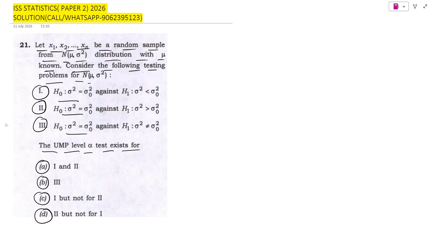Now, before thinking about the UMP test, let us first identify the model. We are sampling from N(mu, sigma square), where mu is known and the variance sigma square is unknown. Since the mean is known, the natural statistic for testing variance is the summation from i equal to 1 to n of (Xi minus mu) whole square.